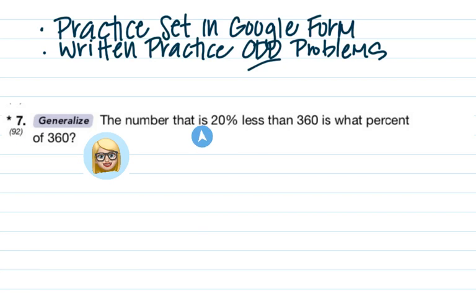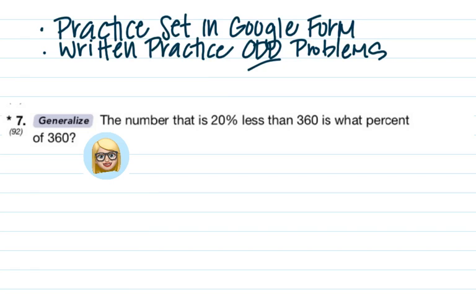The number that is 20% less than 360 is what percent of 360? Okay, so this is kind of a weird question. It's asked in a weird way. Let's think about this.